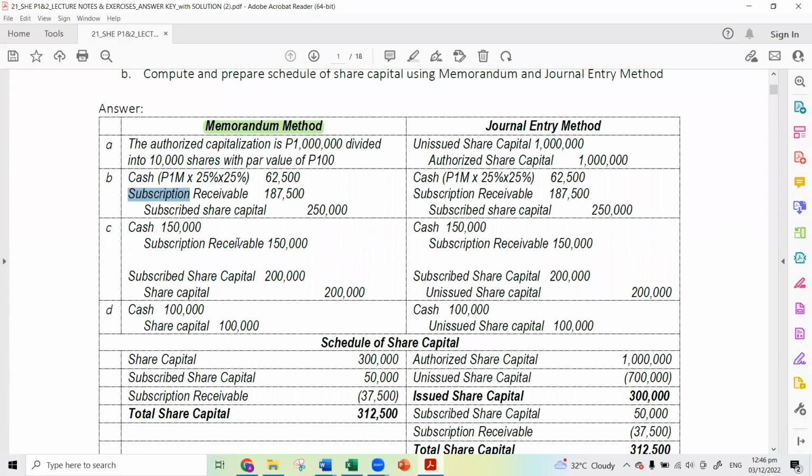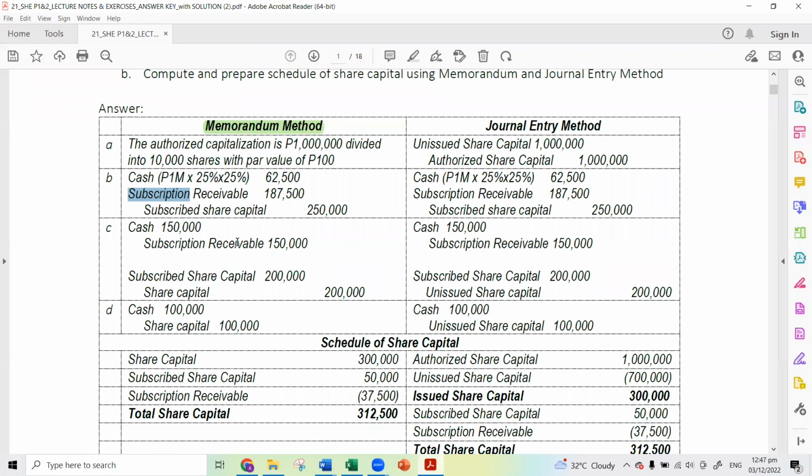Again, when we say subscription, this is the contract between the investor and the corporation in which the investor or the purchaser promises to buy shares of the issuing company's stock. Okay? So that is a contract. When we say subscription, that is a contract between the investor and the corporation in which the investor promises to buy shares of the corporation.